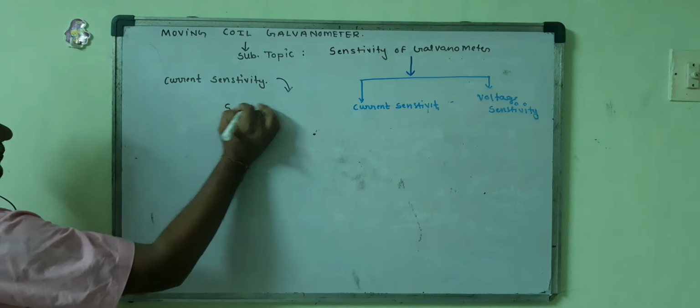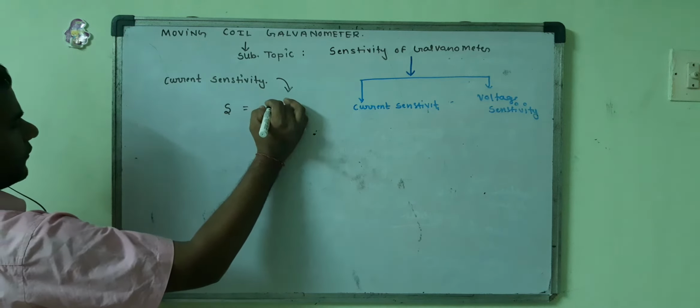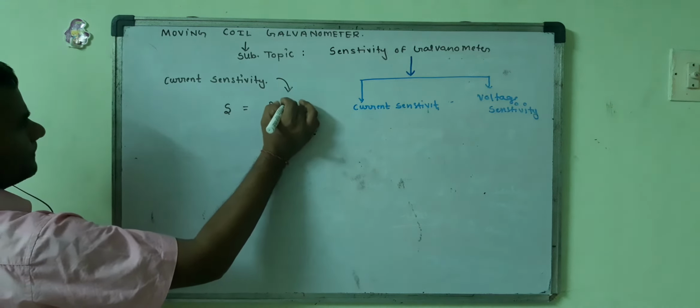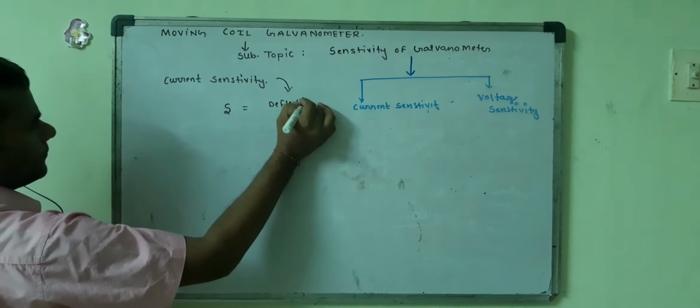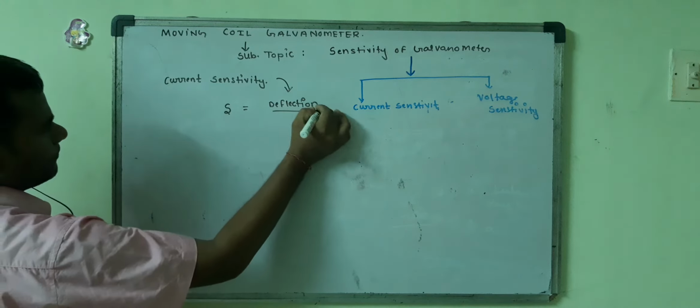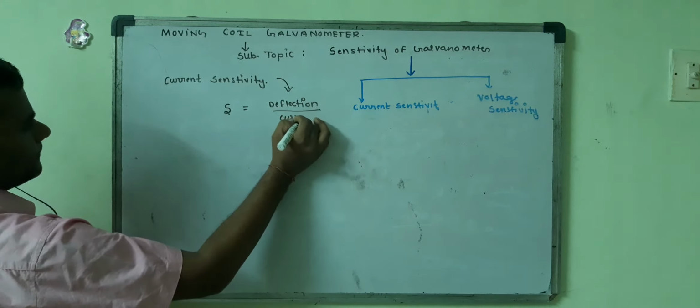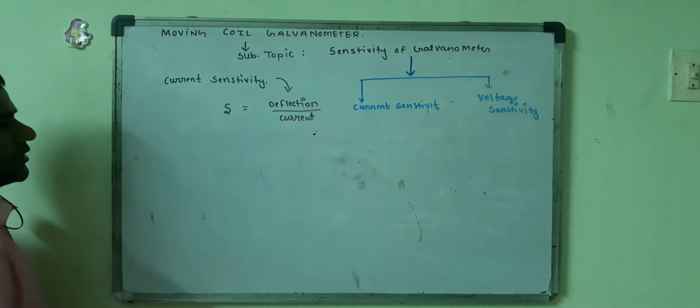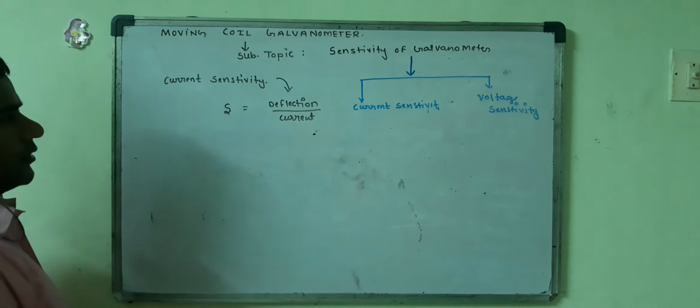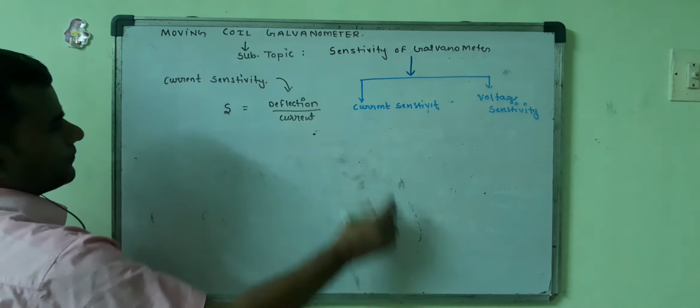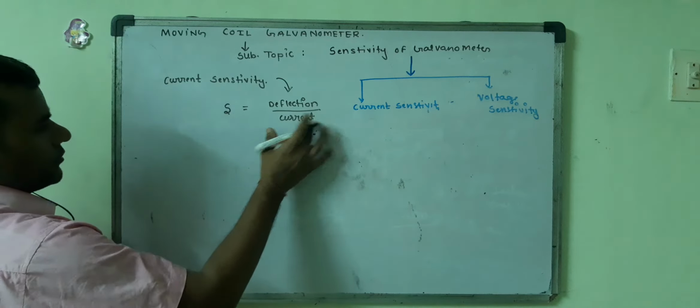S equal to deflection per unit current. How much deflection is there in the pointer of the galvanometer divided by the current.